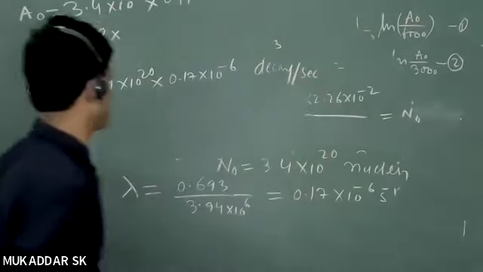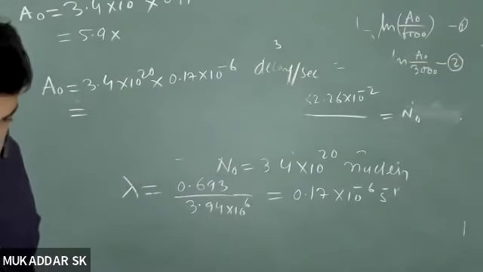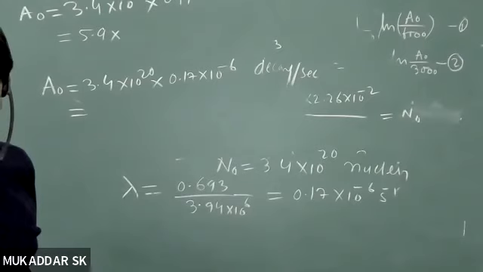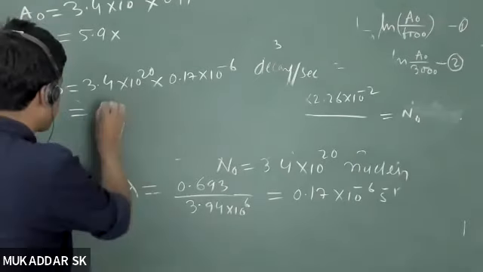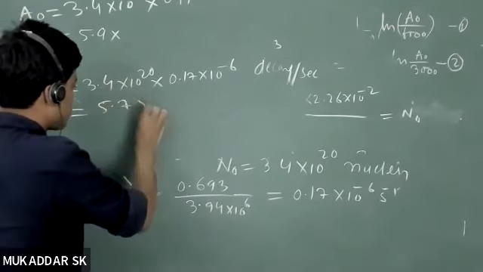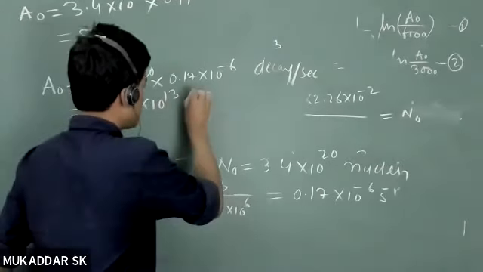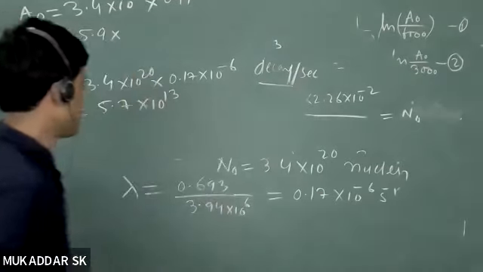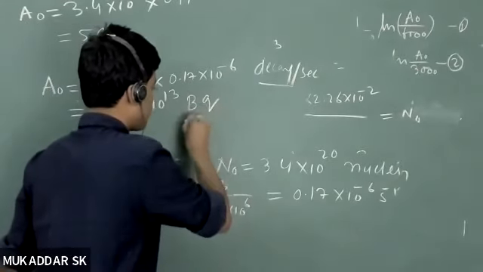So calculate this, how much are you getting, anyone? Tell me. 5.7 into 10 to the power 13. Yes, sir. And decay per second means what? Becquerel. Exactly.